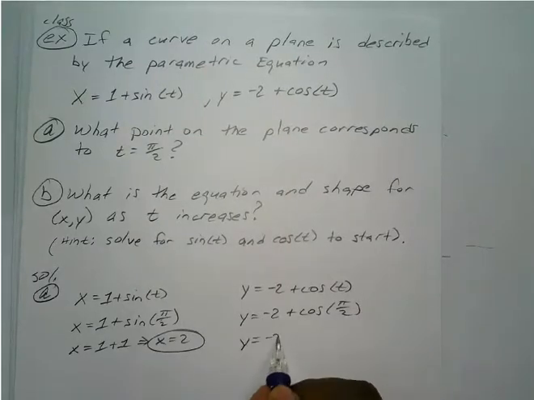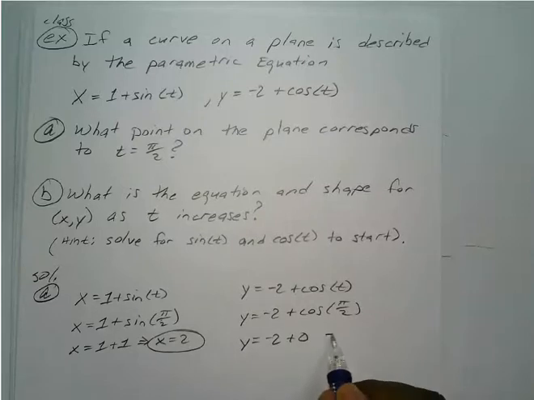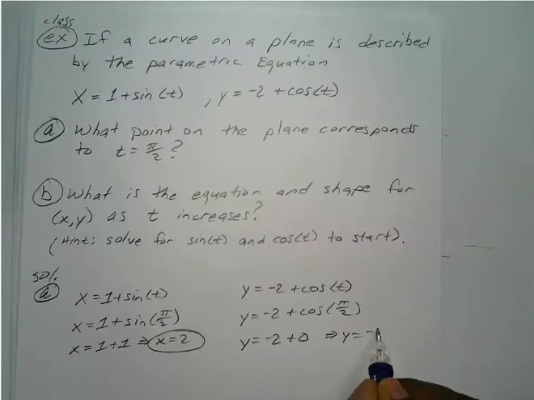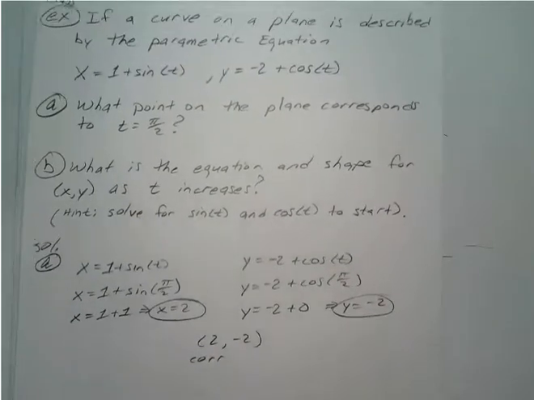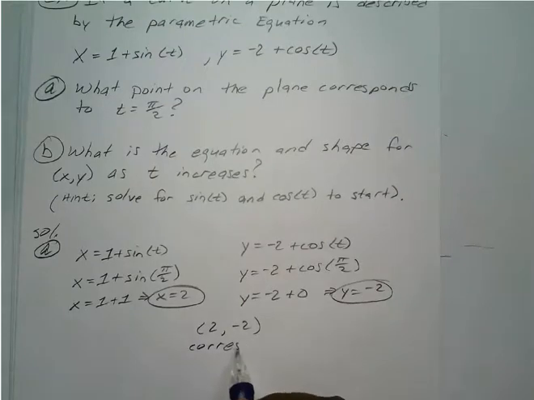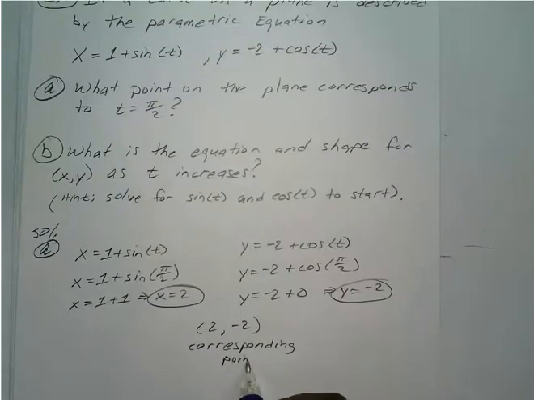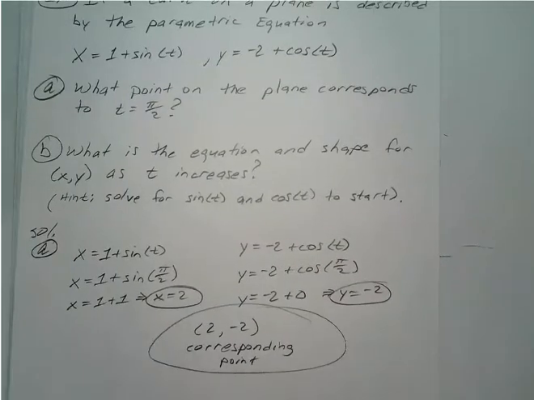So y equals negative 2 plus 0, or just y equals negative 2. Okay, so (2, negative 2) is your corresponding point. Okay, so that's how you solve A.